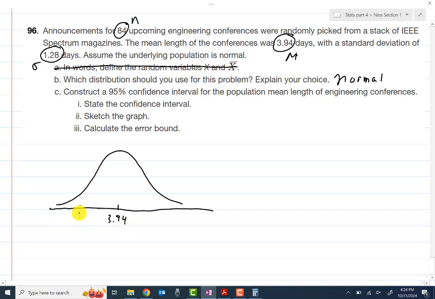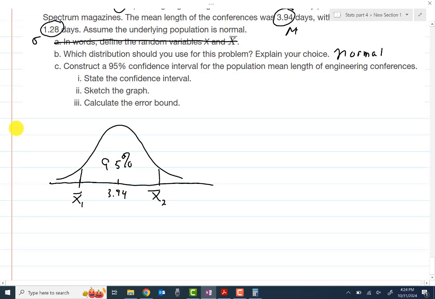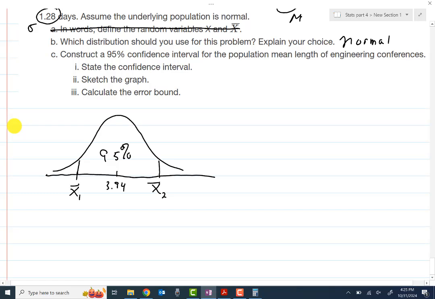And we want a 95% confidence interval. Since we're talking about means, they look like this. I want 95% of the data trapped between those two values. That means, in particular, that's 2.5% out there and 2.5% out there.